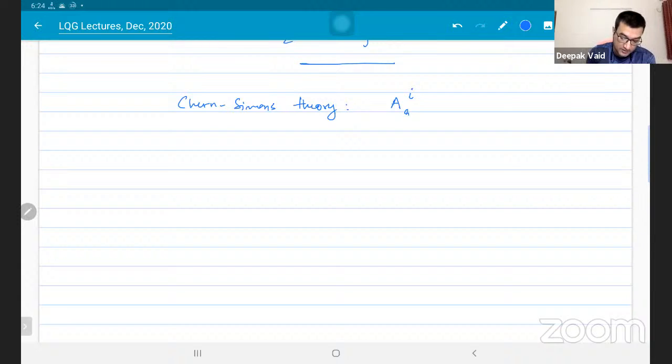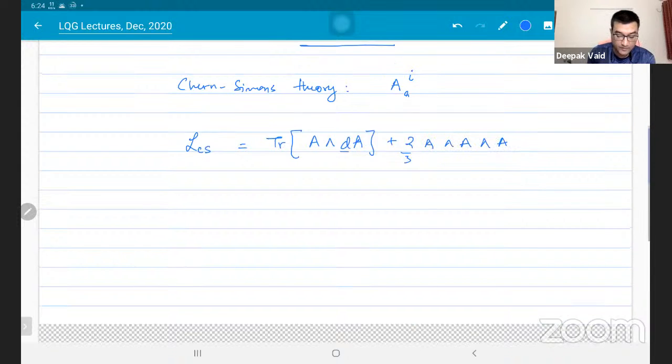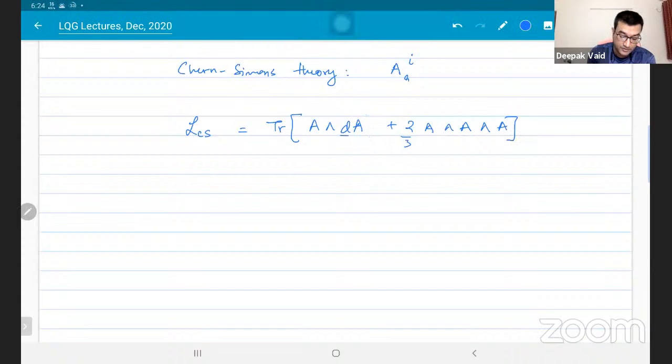So this is a theory where I is some Lie algebra index, and a is your space-time index, and in terms of this you define your Lagrangian as A wedge dA plus 2/3 A wedge A wedge A. If you want to write down all the indices explicitly, you would write it as A^I_a, A^J_b, A^K_c, antisymmetrized over abc, or if you prefer, you can put a factor of epsilon^abc.